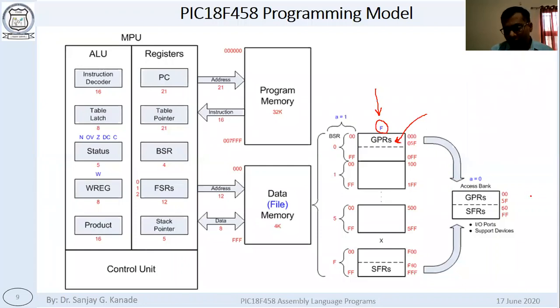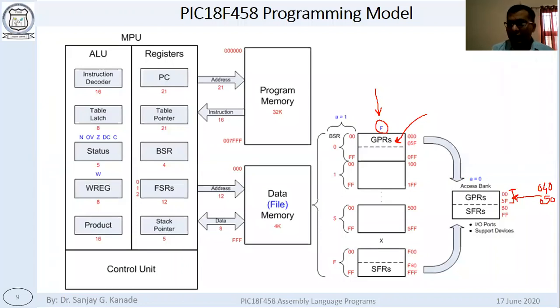So 0x40 is here, and similarly 0x50 is also here. 040 and 050 both are here in the first section.